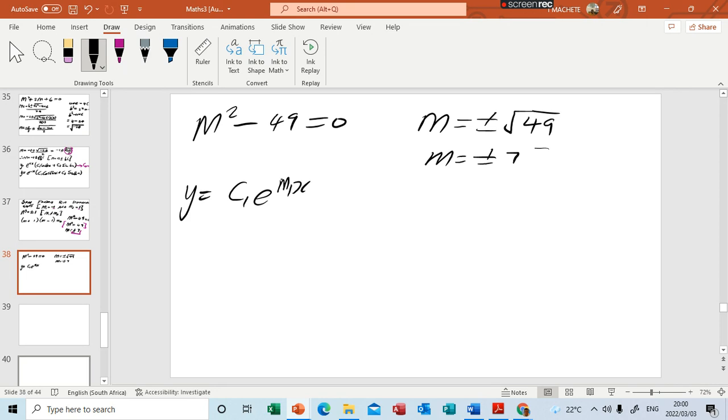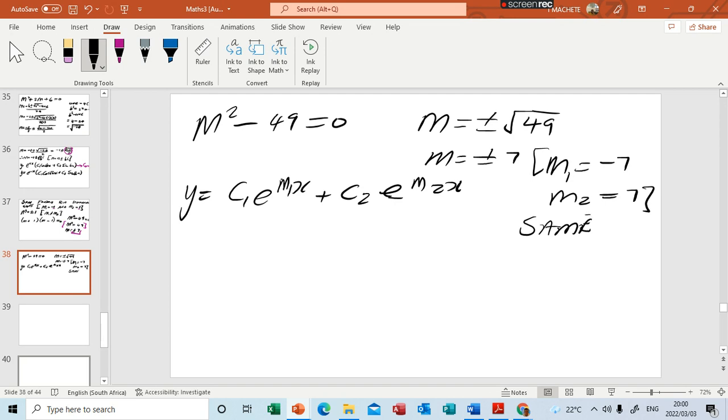Here you get m1 equals -7 and m2 equals 7. So you get two values there. It's not different from the one we did. The factors are the same but the signs are different. It's the same as when you have m1 equals 2 and m2 equals 3.